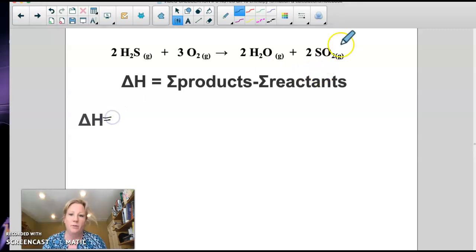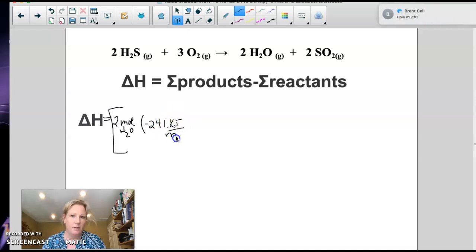So we're going to do the products first over here. I would take my 2 moles of water, and I'm going to put a big old bracket here. I'm going to multiply that by the heat of formation of the water, so this will be the water value. Then I'm going to add the sulfur dioxide, so 2 moles of SO2. And again, when you do it yourself, you wouldn't have to put all this detail, but I just wanted to give you one really thorough example.